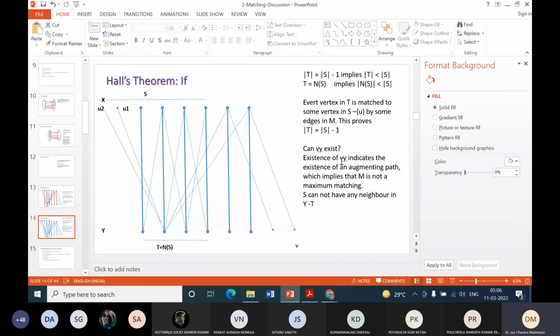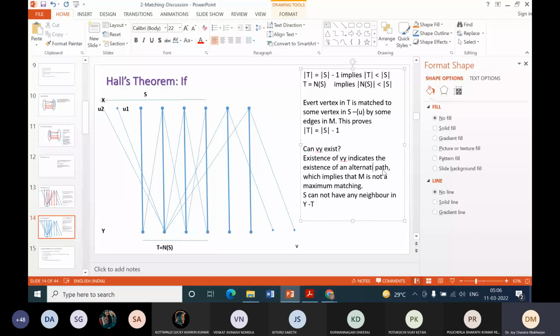Basically, existence of an edge here indicates the existence of an alternating path, which implies that this Y should be included in T. Okay.